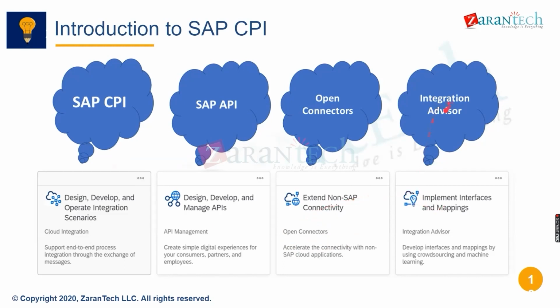Now Integration Advisor. Before jumping to Integration Advisor, I think most of you know what A2A and B2B are. Everyone knows A2A, right? It's application to application. If you do transactions within the company, within the network level, then we call it application to application.